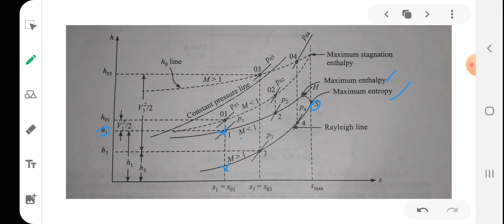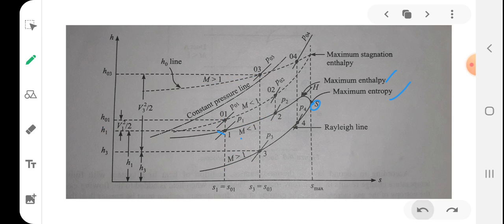And corresponding stagnation value can be seen here. So this lower branch will be subsonic here, upper branch will be supersonic here. But in case of this particular static line or Rayleigh line, upper branch will be subsonic, lower branch will be supersonic. But here lower branch is subsonic, upper branch is supersonic. Okay, so hope you have understood the difference.